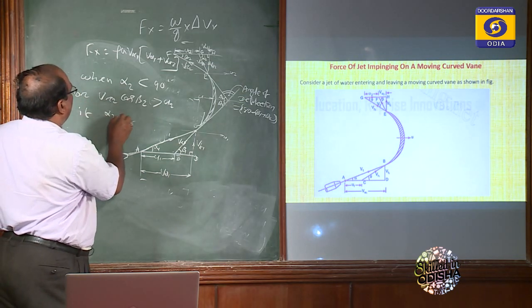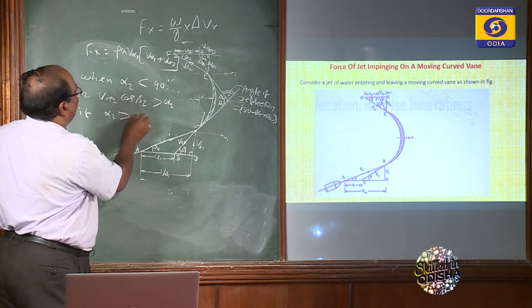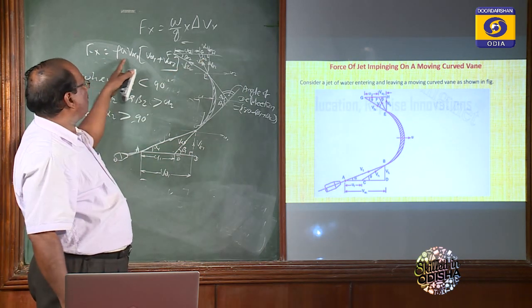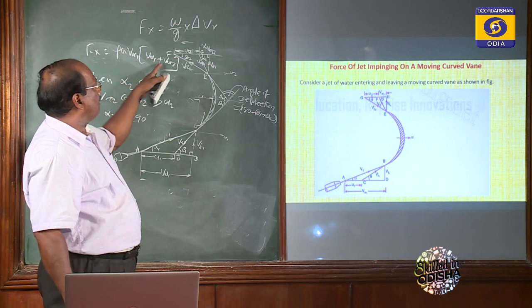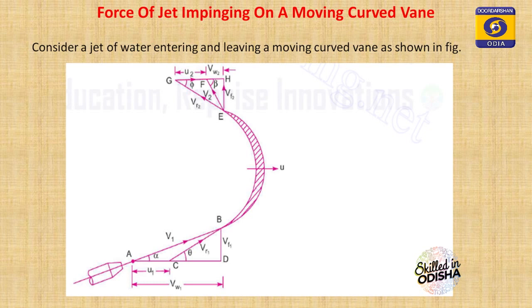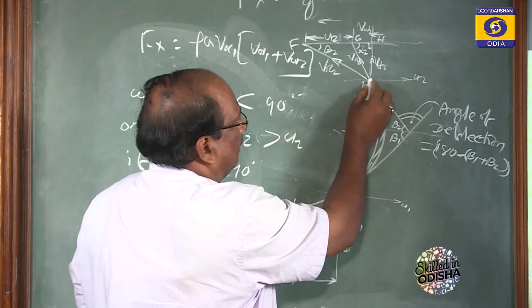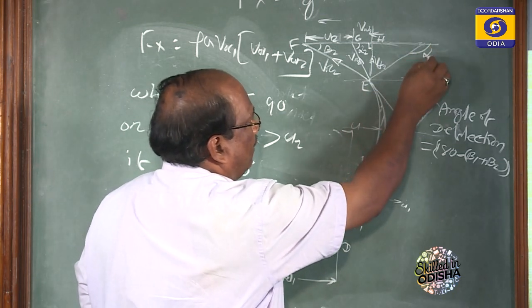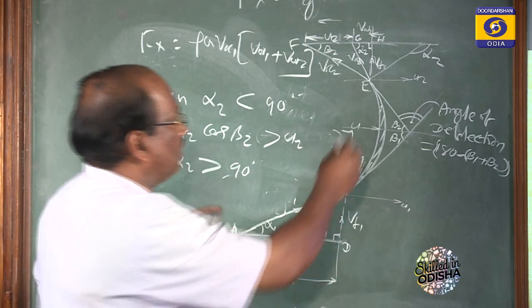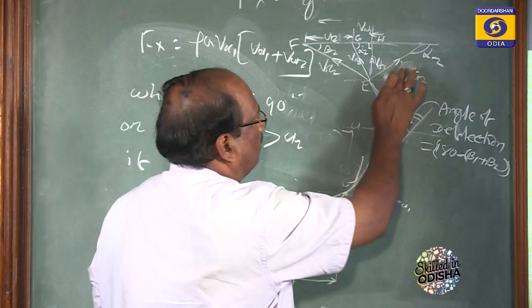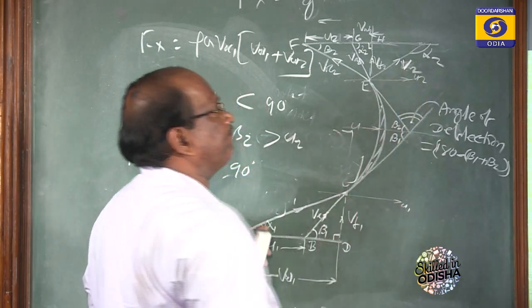Keep this condition in mind while solving problems. If alpha 2 is more than 90 degrees, that means the velocity triangle will be like this. So this will be VR2, and this will be V2.